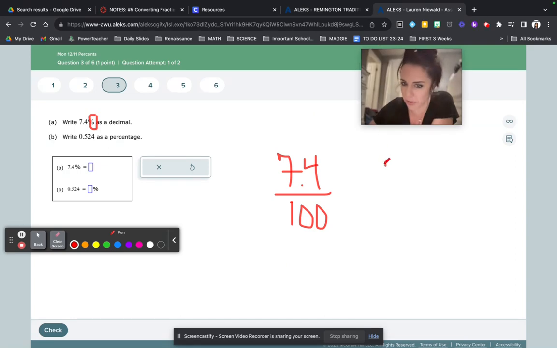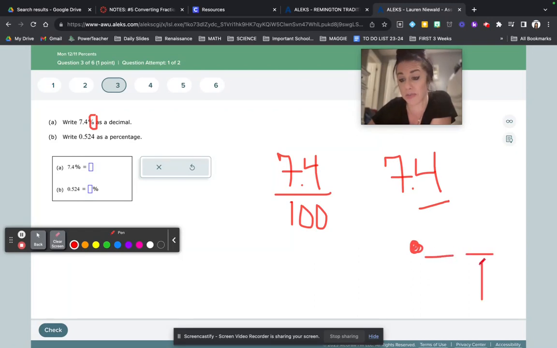Well, our number is 7 and 4/10. That's not going to land in the 100th spot. It's in the 10th spot. So I know I have a decimal point, and this is my 100th spot. If I want 7 and 4/10 to stop at the 100th spot, this is what it's going to look like.